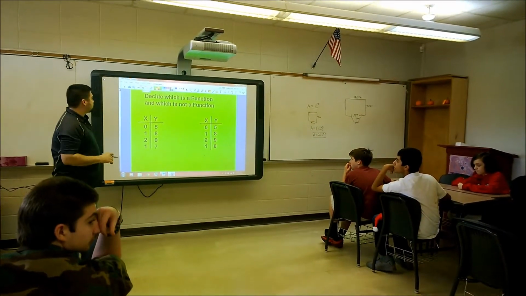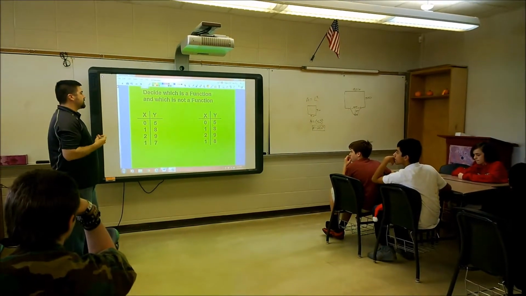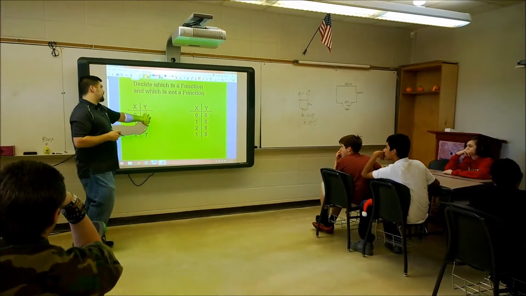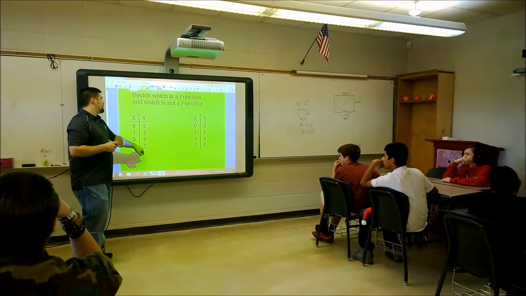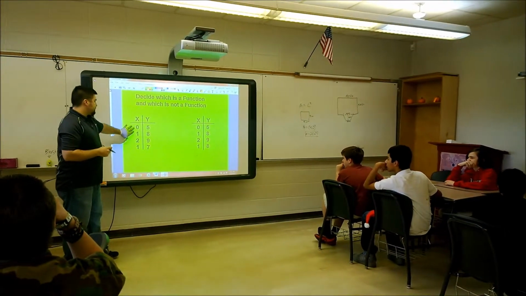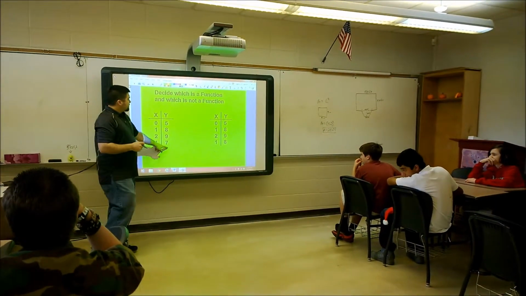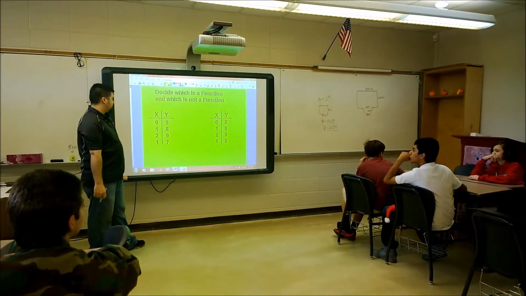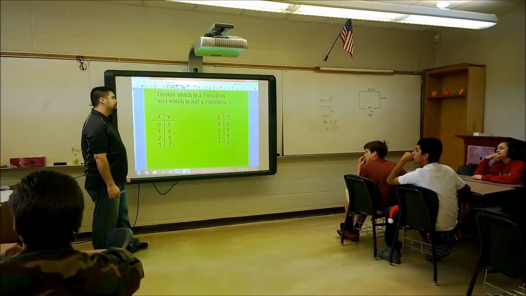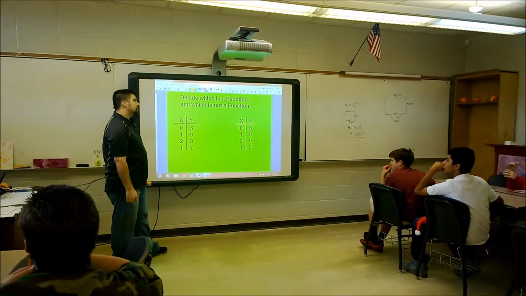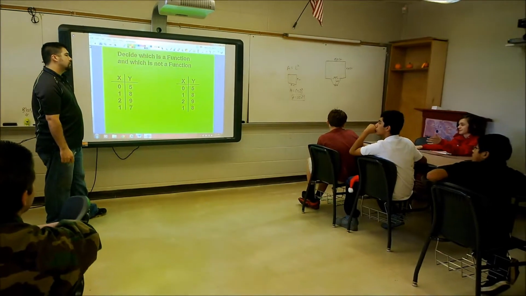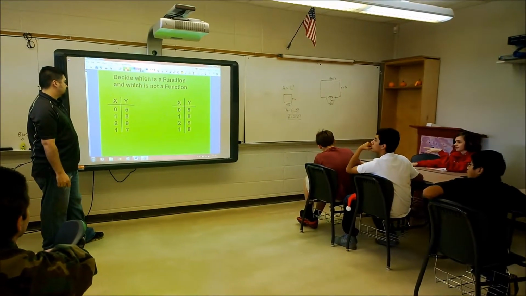So here it's given to us a little bit differently. We're given a set of inputs, or x values, and a set of outputs, or y values. So looking at this input and this output, would you say that this is a function? Why not? Because of the 0 and the 5.